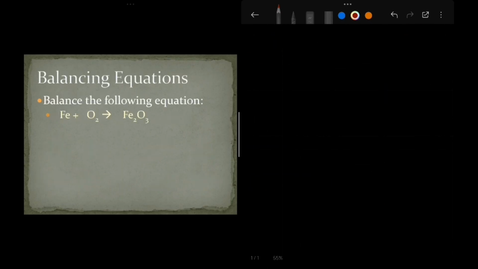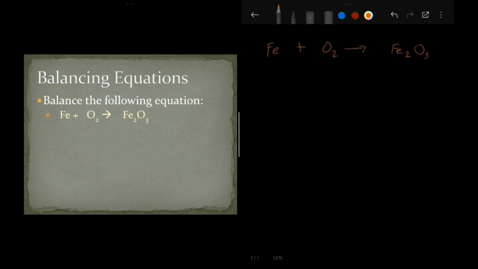So let's try to balance this equation. First, write the equation. So we have the iron plus O2 yields to produce Fe2O3. Okay.